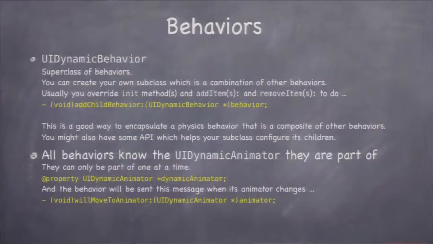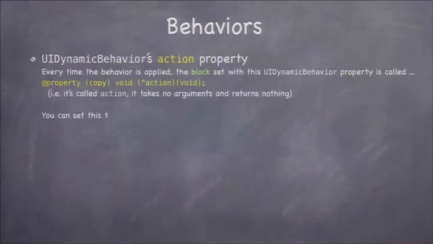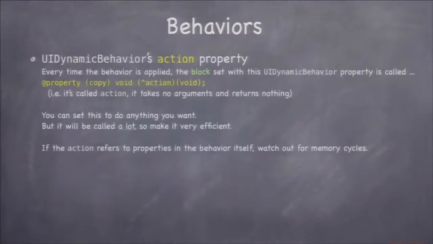Okay? And the last thing I'm going to tell you about behavior is a really cool property, a block called action. This block returns nothing and takes no arguments, so it's a basic block. You just say my whatever behavior, gravity behavior, collision behavior, whatever, dot action equals a block.